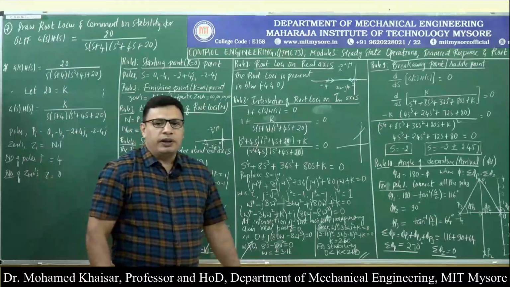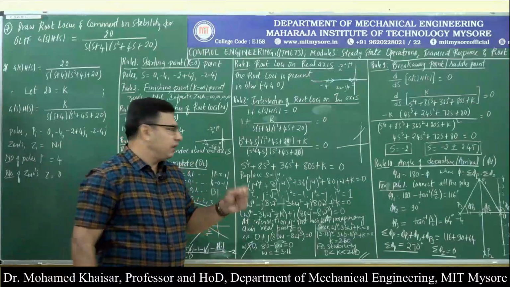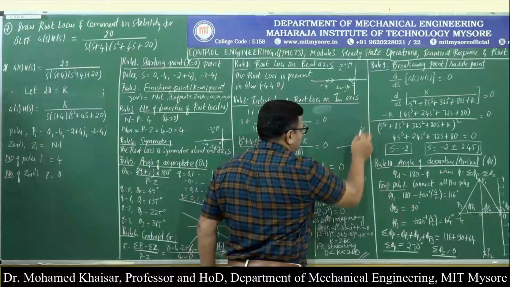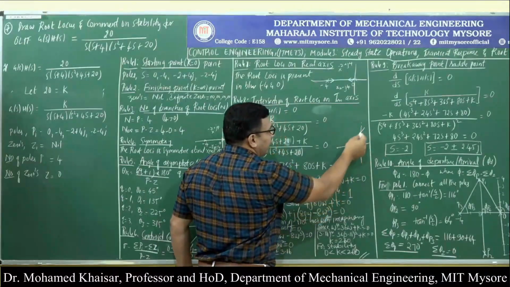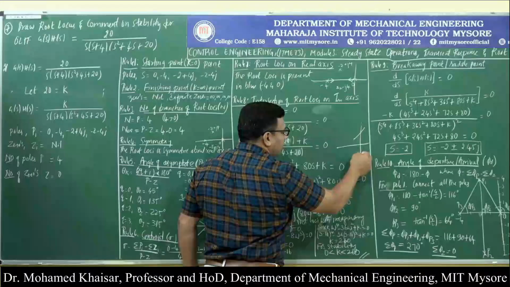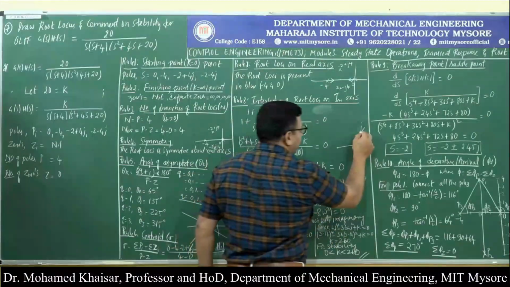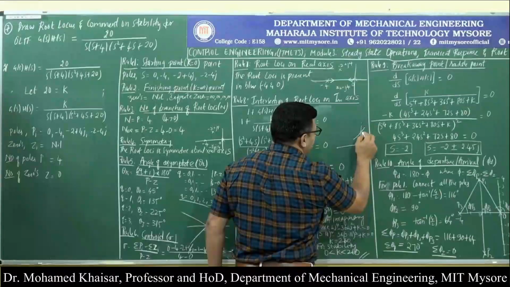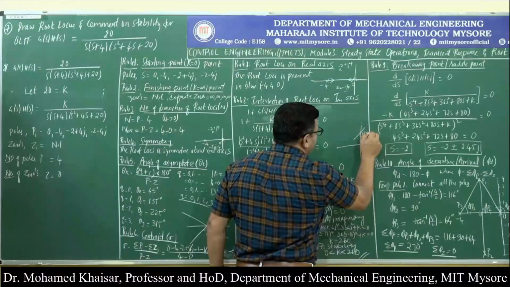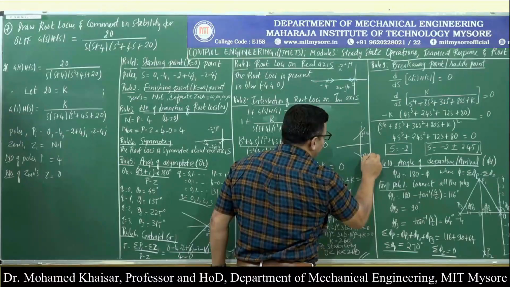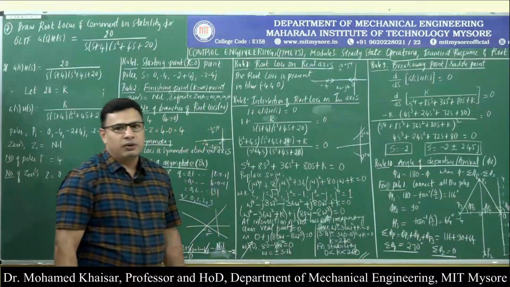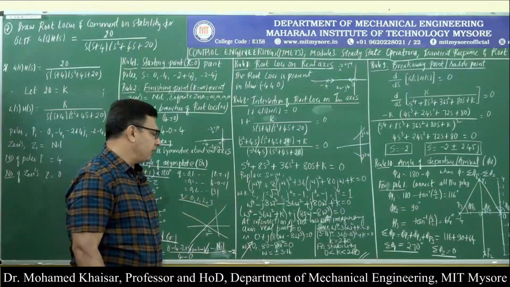That means the points at which the root locus will intersect the imaginary axis are omega equal to 3.16 above and omega equal to minus 3.16 below. That means j omega: j3.16 above and minus j3.16 below. That is where the root loci will be intersecting the imaginary axis.